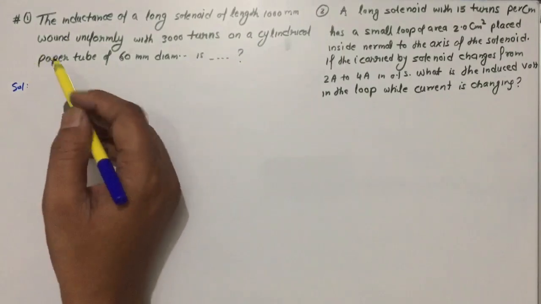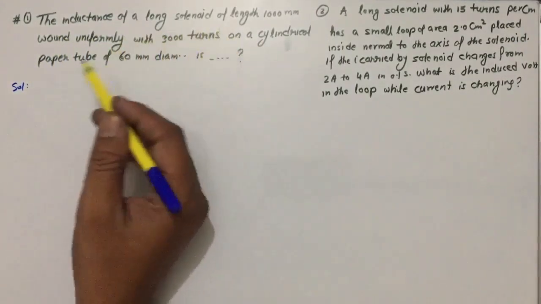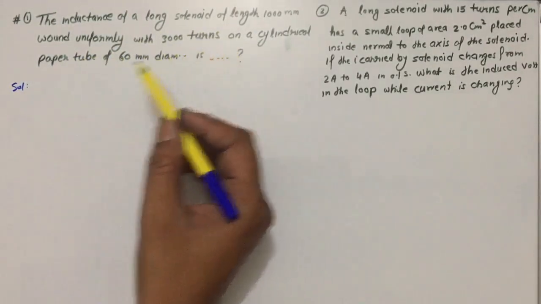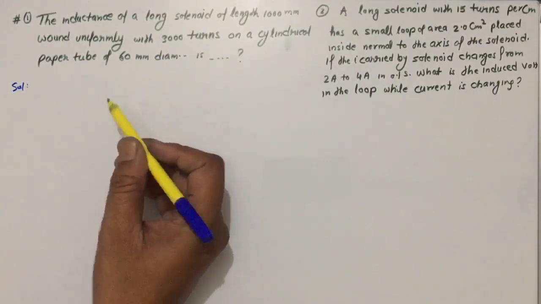Now let us solve some examples to find the inductance in the case of a solenoid. The first problem is the inductance of a long solenoid of length 1000 mm wound uniformly with 3000 turns on a cylindrical paper tube of 60 mm diameter. We have to find the inductance.